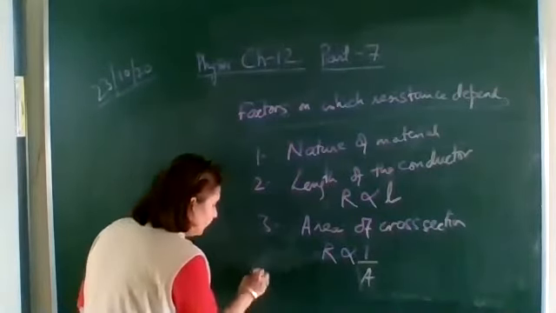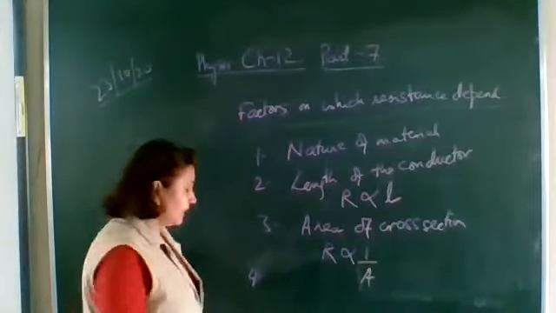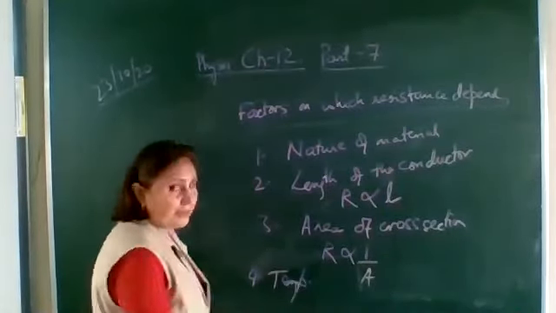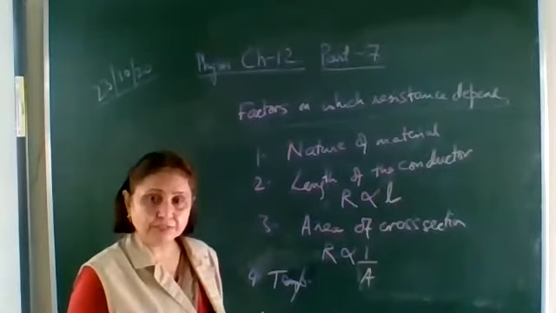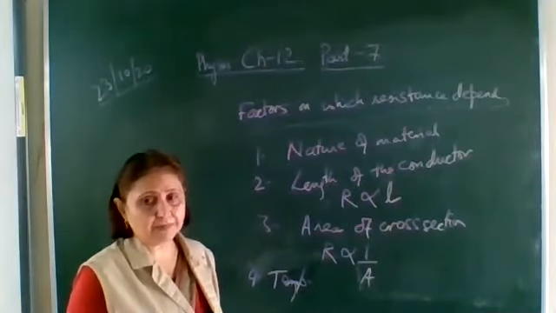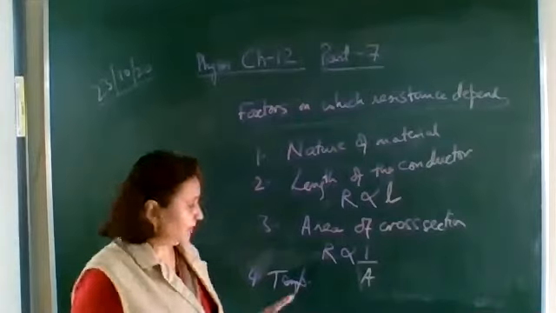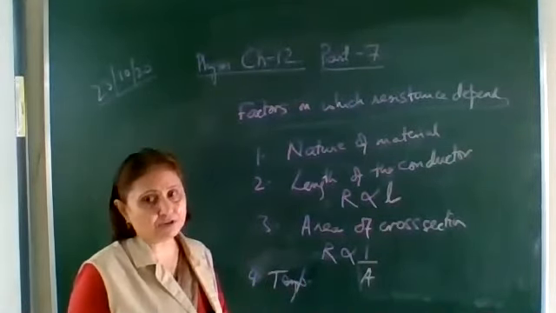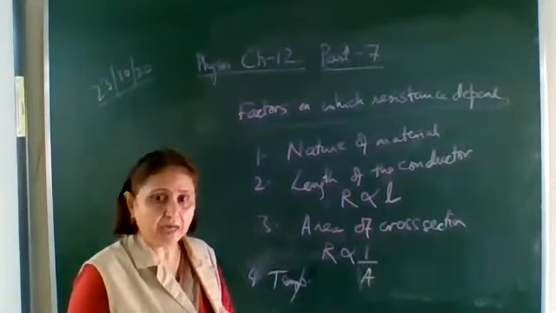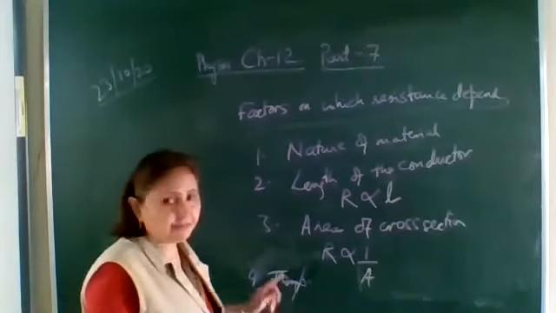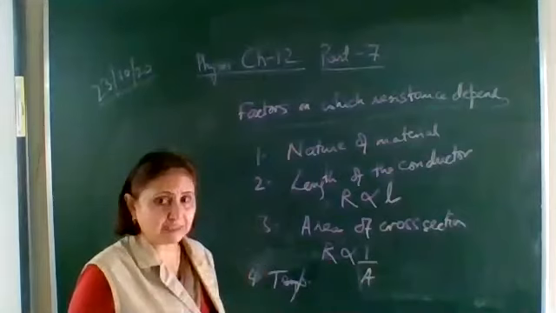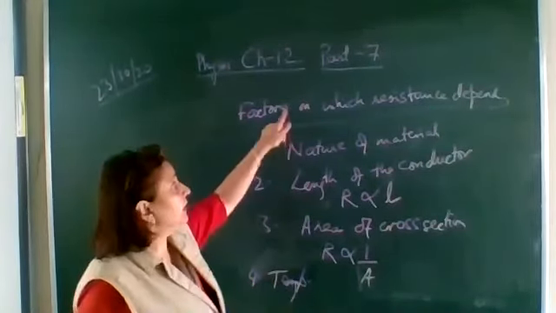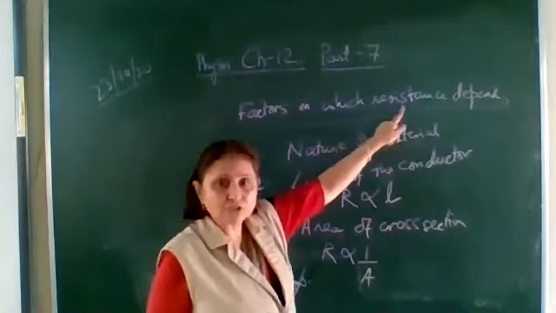The fourth factor is the temperature. Whenever we define Ohm's law, we say that temperature should remain constant. Then only V is directly proportional to I, and then only R, which is V upon I, will be constant. If the temperature is changing, then the resistance will also change.